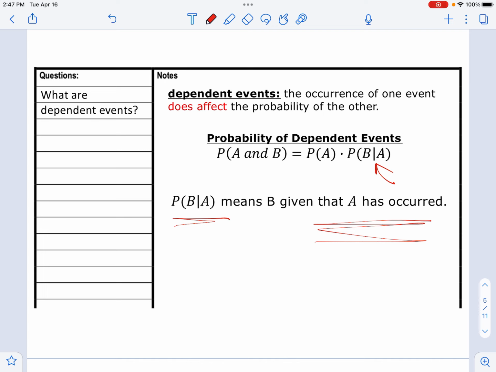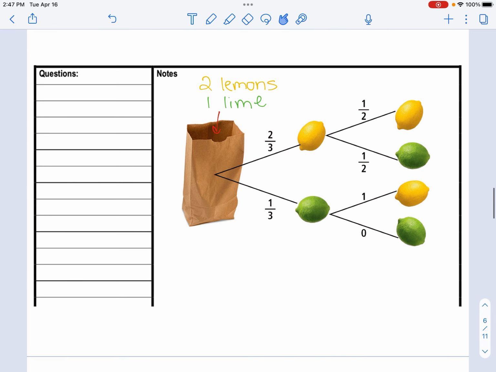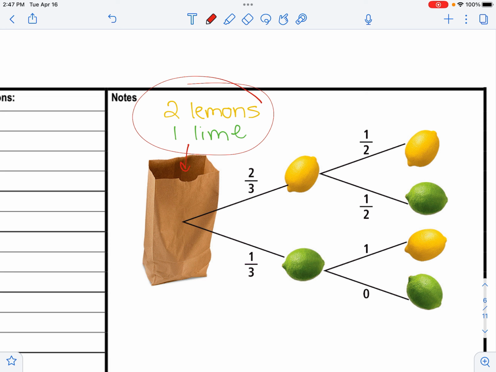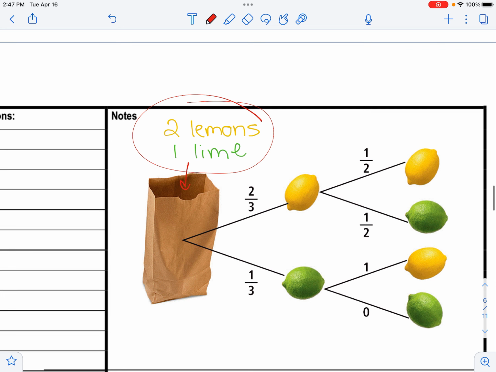Okay, so let's take a look at this. Here is a bag, and inside the bag we have 2 lemons and 1 lime. If I draw out of this bag, the first time I draw, my chance of getting a lemon is 2 out of 3.